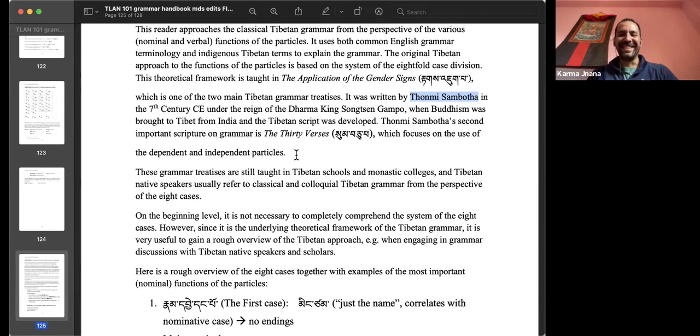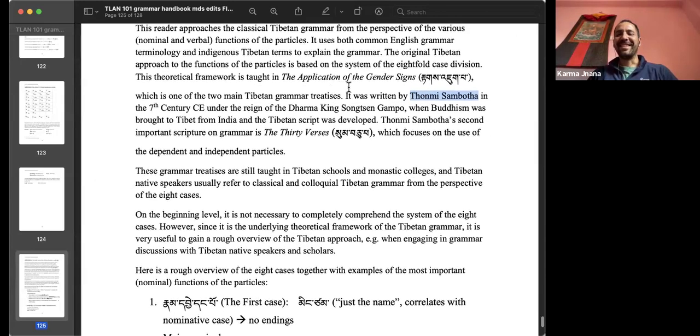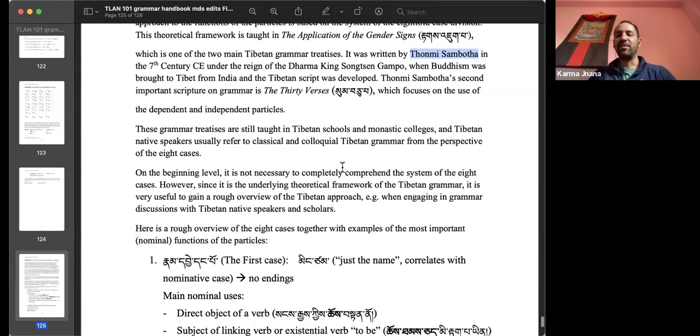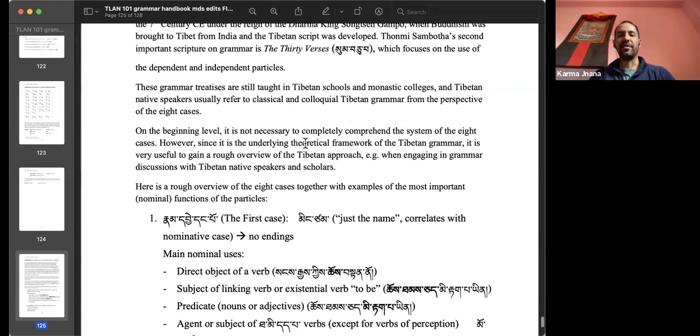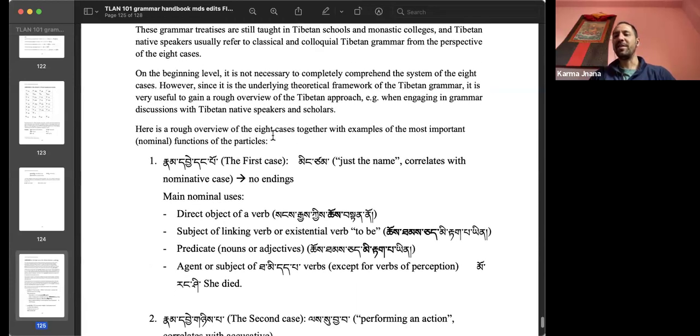So, but anyways, these are the texts that we would study. I know some translators. One of my teachers at Rangjung Yeshe, I caught her using the eight grammar cases. Like if she's looking at a sentence, she thinks, okay, which case is this?